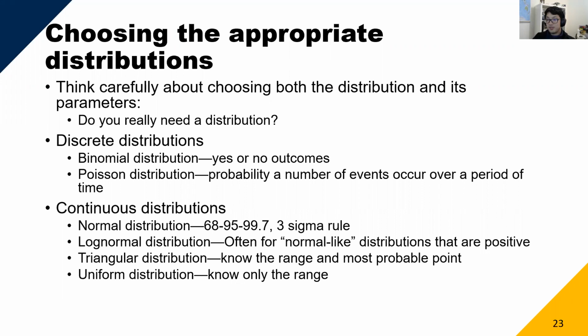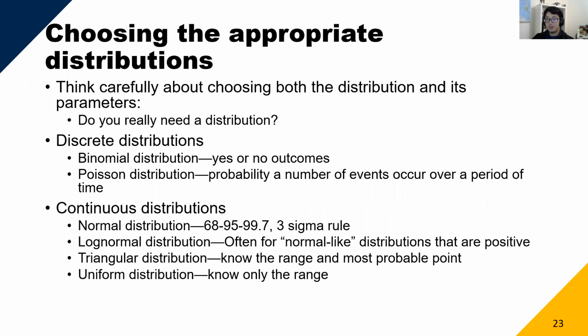Okay, so for continuous distributions, there's the normal distribution, based off of mean and standard deviation parameters, and this creates a 3 sigma rule, right? So within each standard deviation, some amount of the values will fall within that area.